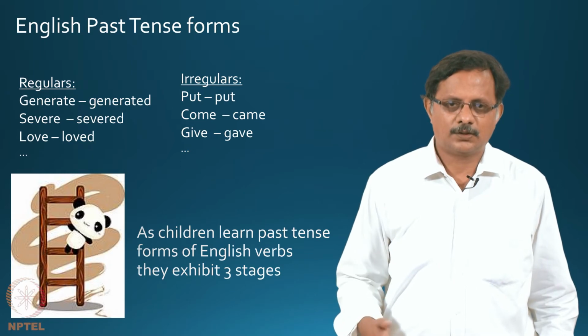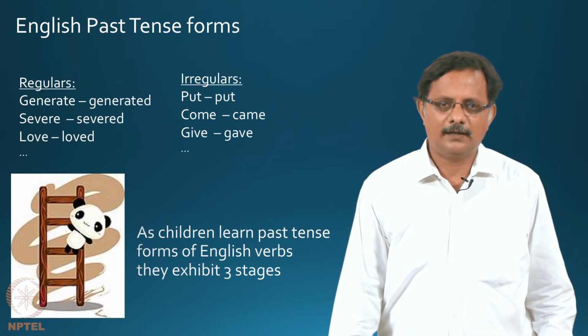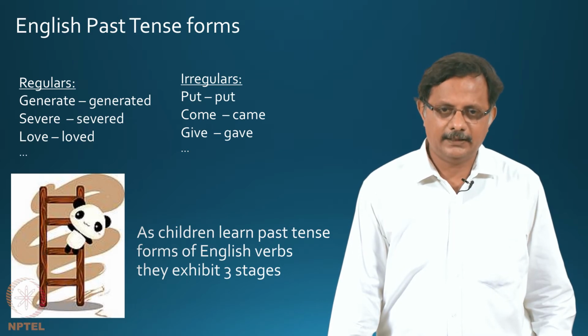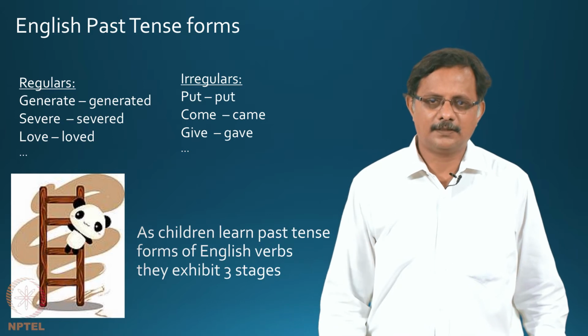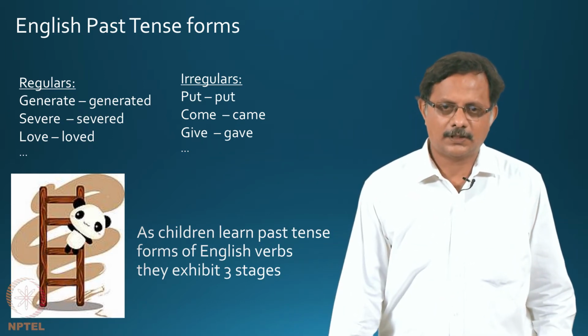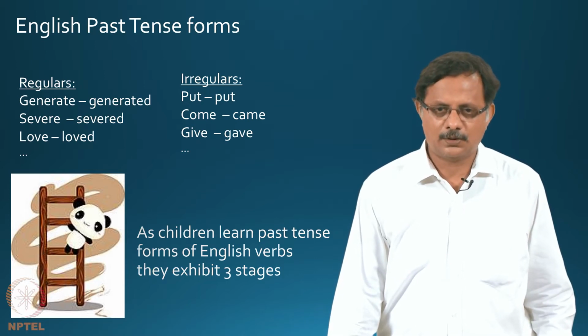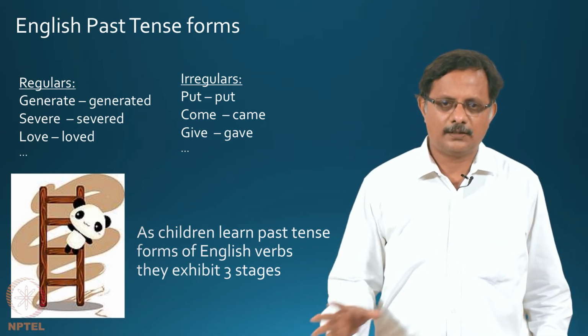In the regular past tense form, you simply add either d or ed to the verb. Then a lot of other examples of past tense do not fall under this general pattern. These are called the irregulars. For example, put and put, come and came, and give and gave, and so on. So, past tenses come in 2 forms, regular and irregular.